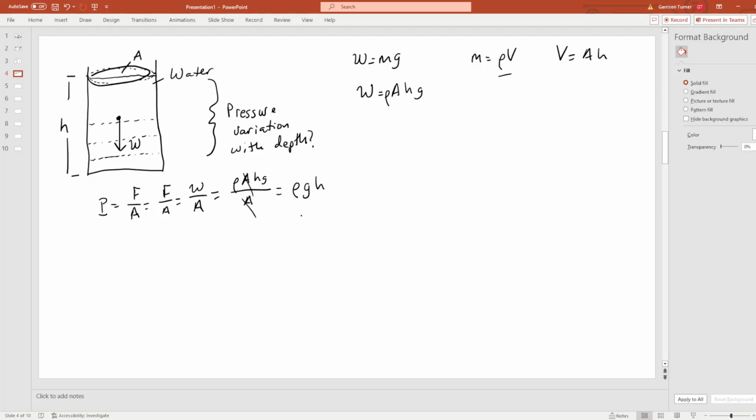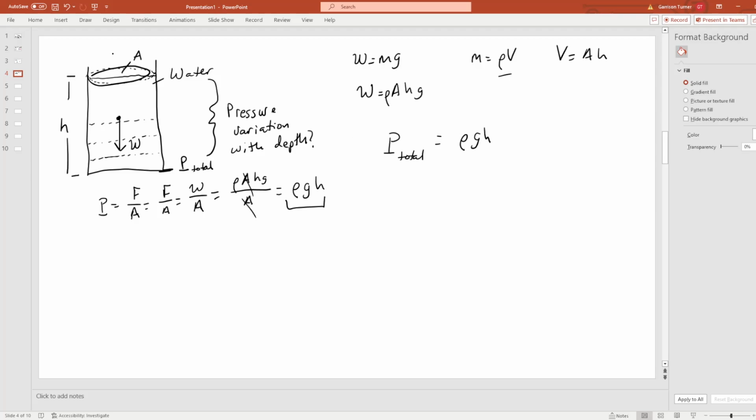So, with that in mind, what is the total pressure, let's say at this point? Your total pressure is going to be this pressure due to your fluid, which is rho g h.